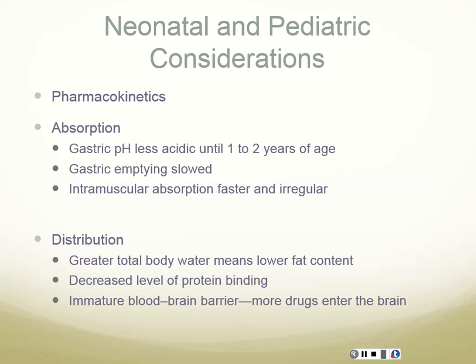Gastric emptying is slowed, so that will also impact, remember what we talked about on our first day with pharmacokinetics. And then intramuscular absorption is faster. Okay, we used that as something that was a little bit slower, but it's irregular, so it's not going to be a sustained release. It's going to have some variability.